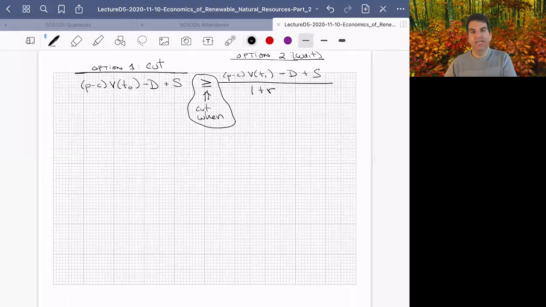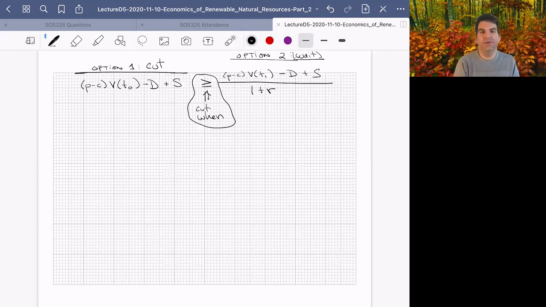So option 2 is the present value of cutting next year when I have more forest, but I still have the site value. Option 1 is the present value of cutting this year when I still have to pay the cost of replanting, but I also have the site value.